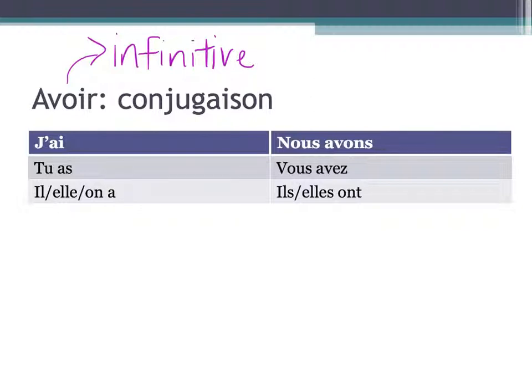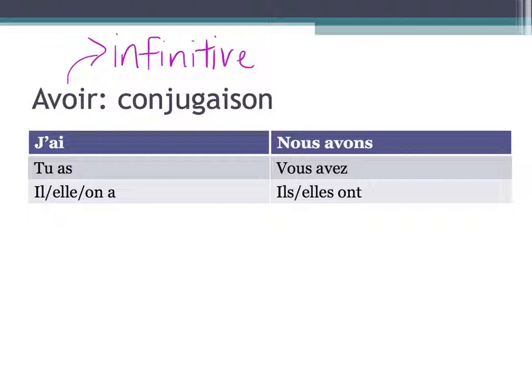When you set up a verb conjugation, you want to make a nice, neat chart that has 2 columns, like this, 2 columns, and 3 rows. So kind of 6 boxes there, okay? So go ahead and set up your verb chart. Draw it out, a nice, neat chart with straight lines.